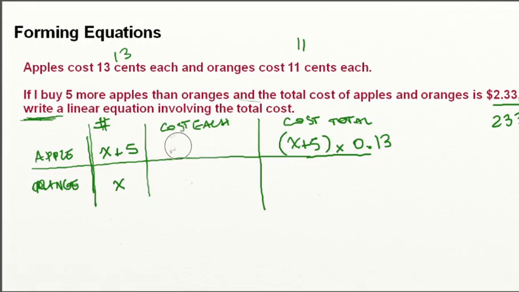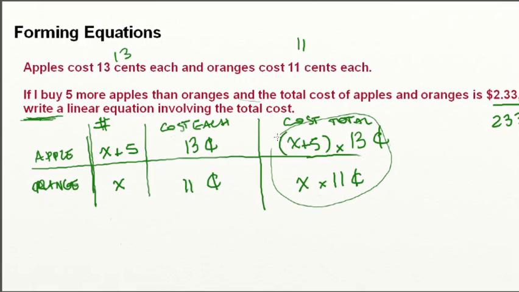So let's do that. Let's calculate everything in cents. So apples 13 cents, oranges 11 cents, and here when we multiply, we just multiply by 13 cents. Down here, oranges, x oranges, each one 11 cents. So the total cost in cents would be the sum of those two here.